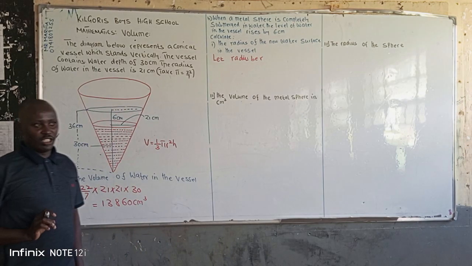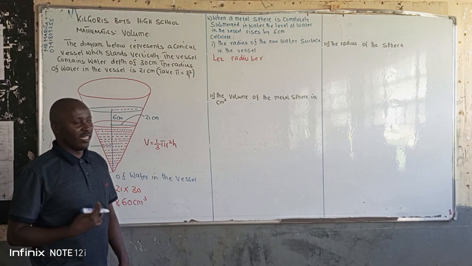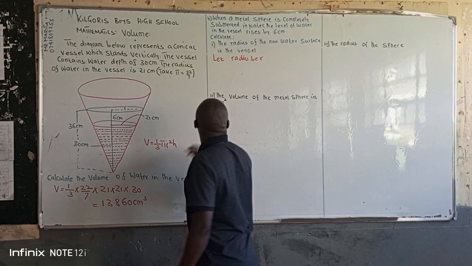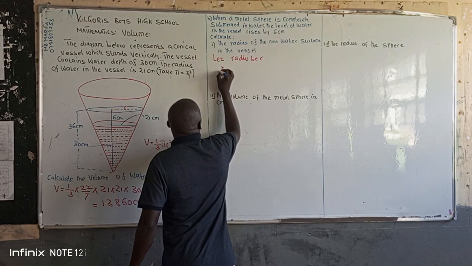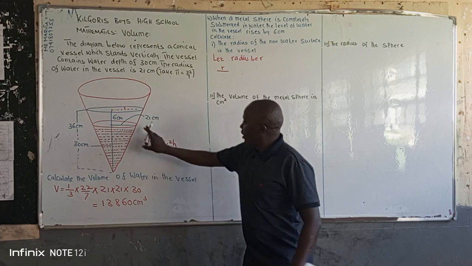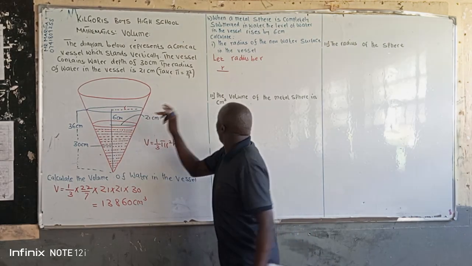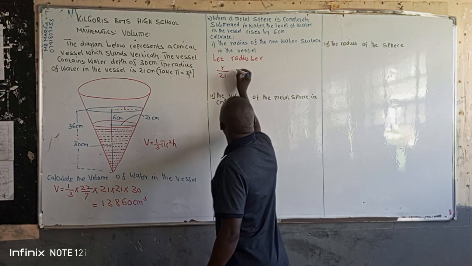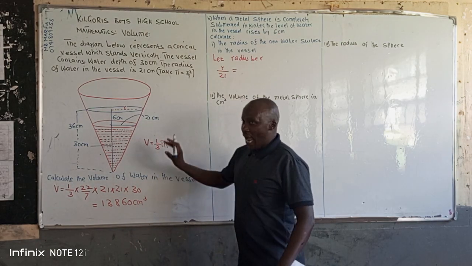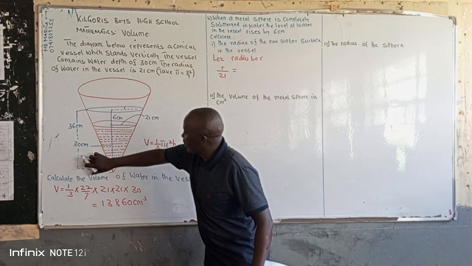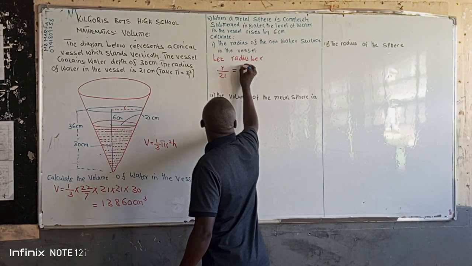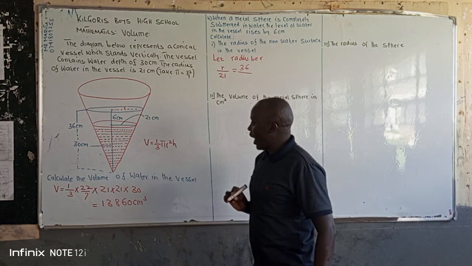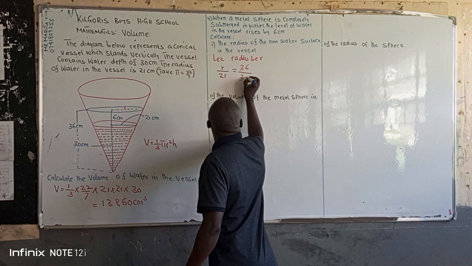So using the ratios, that is the similarity and the enlargement, we can have the large radius, which is r, all over the smaller radius. The smaller radius here is 21 centimeters, is equivalent to the larger height, which is 36 centimeters, all over the smaller height, which is 30 centimeters.